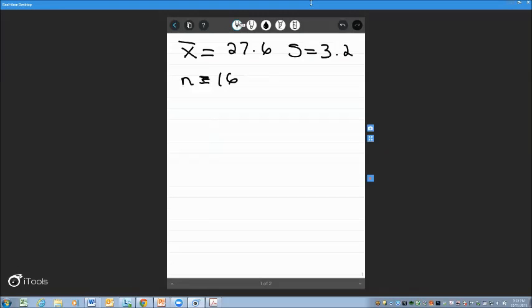And we want a 95% confidence interval for the population mean, mu.